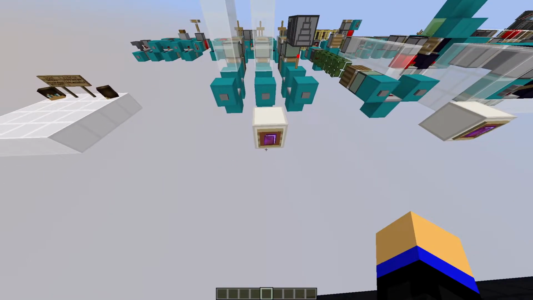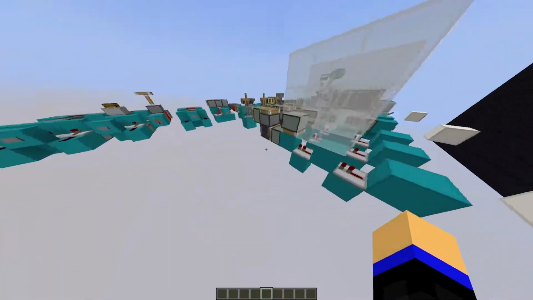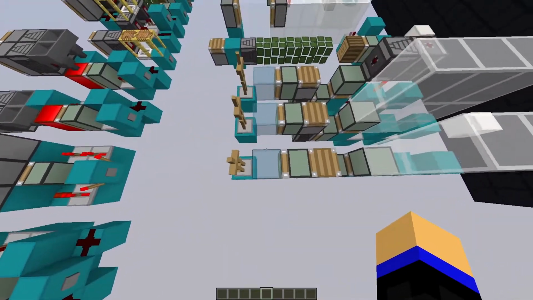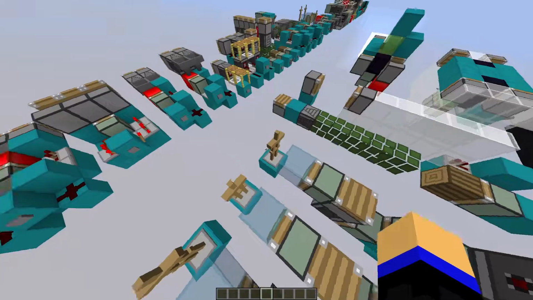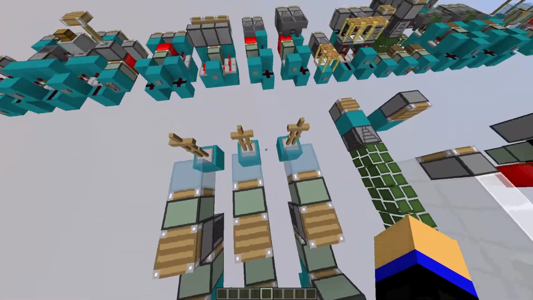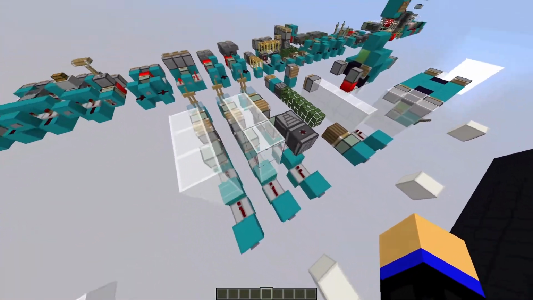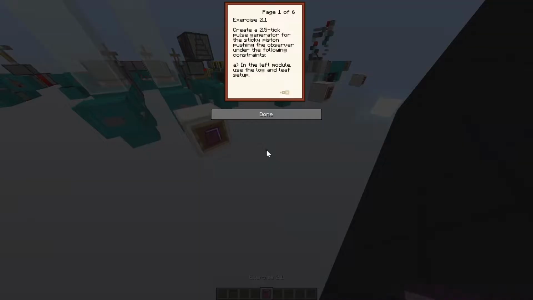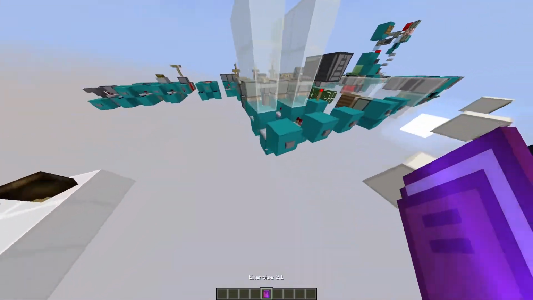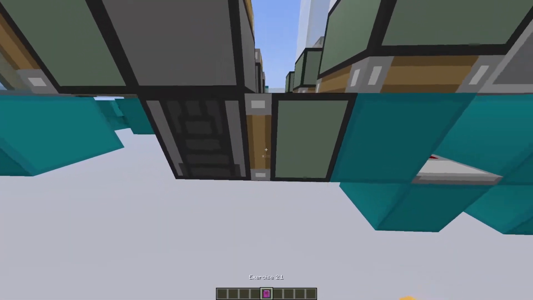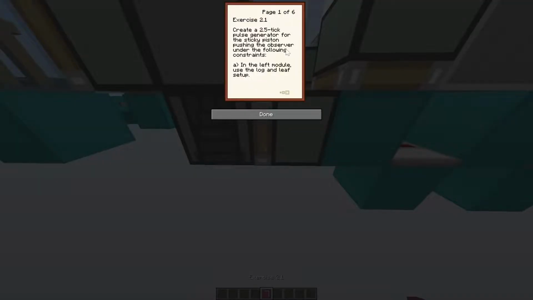So now exercise 2.1 is the exercise where you would need to use the knowledge of the armor stand test. Basically, the main goal is to create a 2.5 tick pulse generator, such that the sticky piston pushing the observer, this one, has the following constraints.